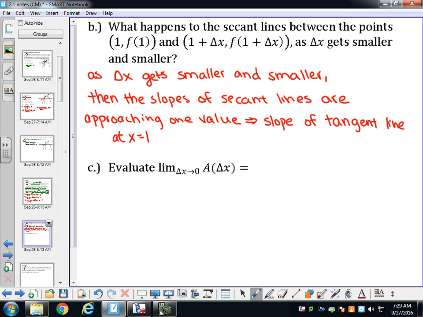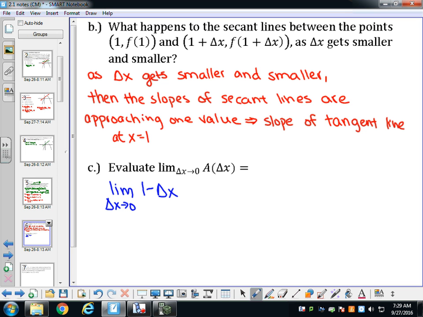So what I want to do now is take the limit as delta x approaches 0 of my a of delta x. So if you remember, my a of delta x is really just 1 minus delta x.